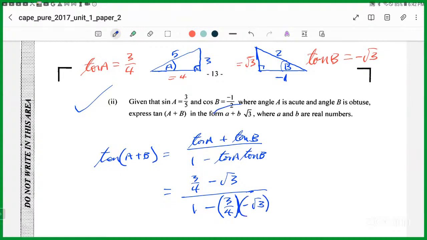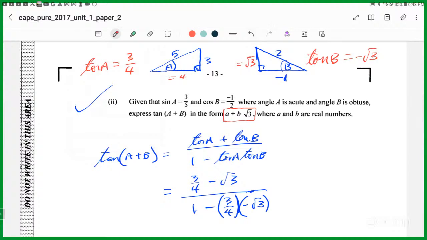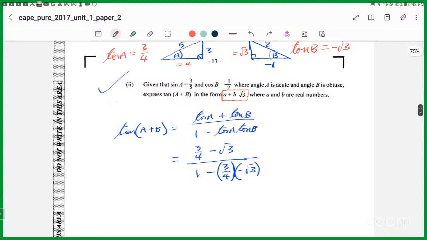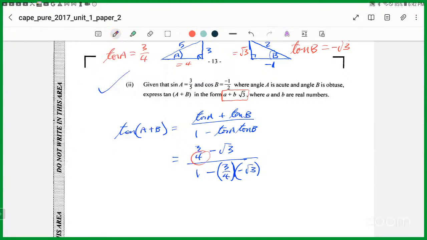And I want the answer in this format, so we work towards getting that format. Pay attention. We're going to have to express that in that format. Let's see what we have. Let's simplify everything. I'm going to multiply the numerator by 4 and the denominator by 4 to get rid of these fractions.